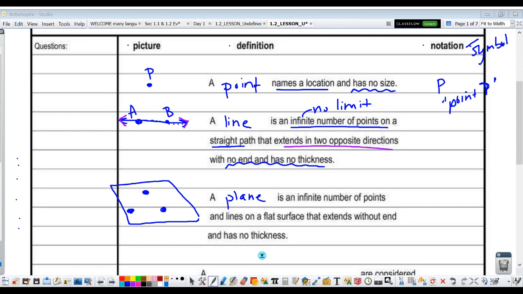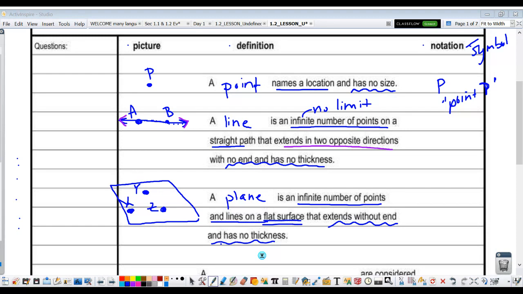So a plane is made up of 3 points not together on a line, and I need to name those. Point X, point Y, and point Z. And there's so many points, more than 1 million, and the lines that can connect to those points that make up a flat surface and extends without end and has no thickness.